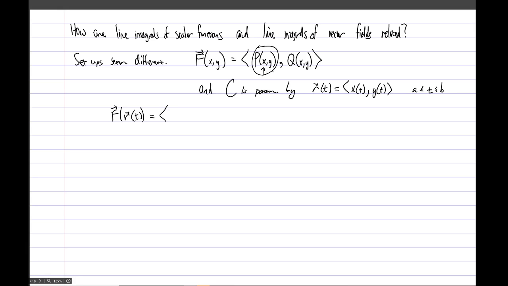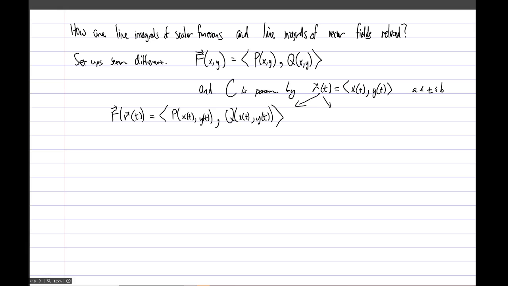So instead of P of x comma y, this would be P of x of t comma y of t. Then in the next spot, you'd write the Q formula, except everywhere there's an x, you'd replace with x of t, and everywhere there's a y, you replace with y of t. Symbolically, that would be Q of x of t comma y of t, close angle bracket.